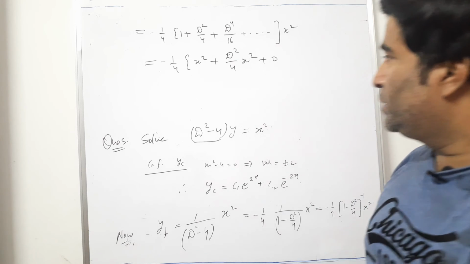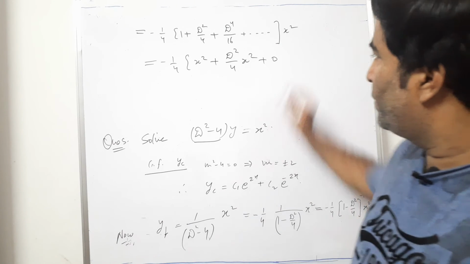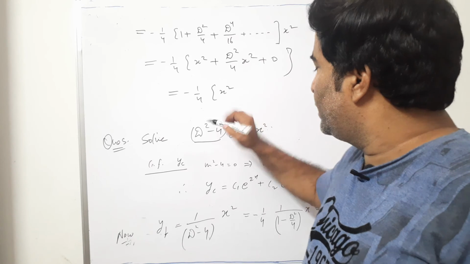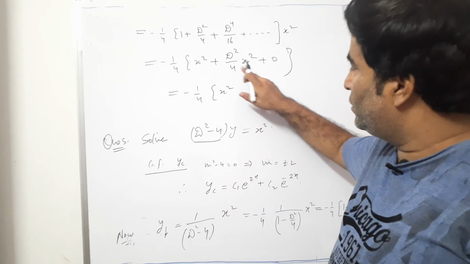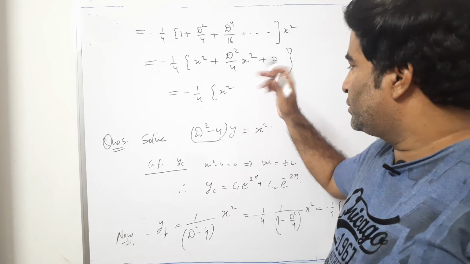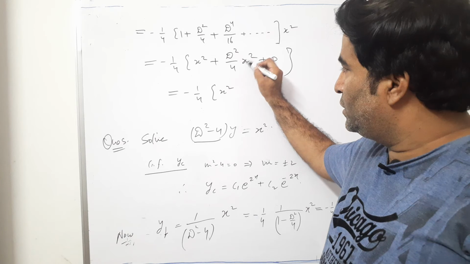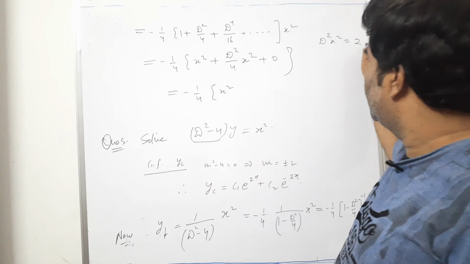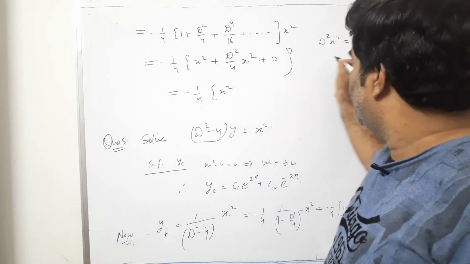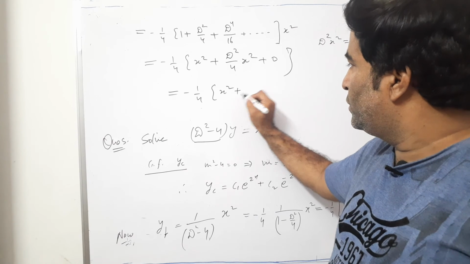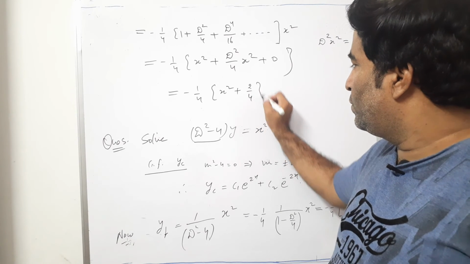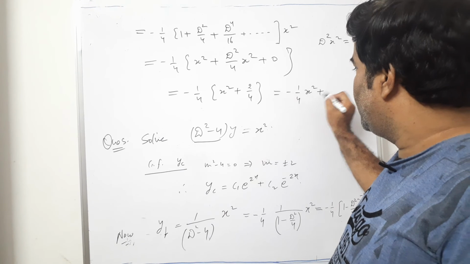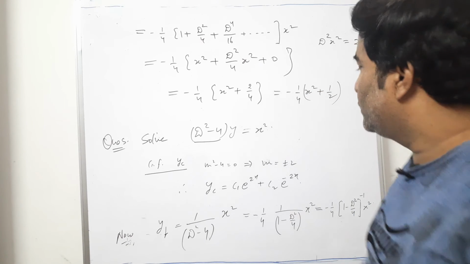All terms beyond D² will be 0. The derivative of x² with respect to x is 2x, and the derivative of 2x is 2. So D² x² is 2, divided by 4.